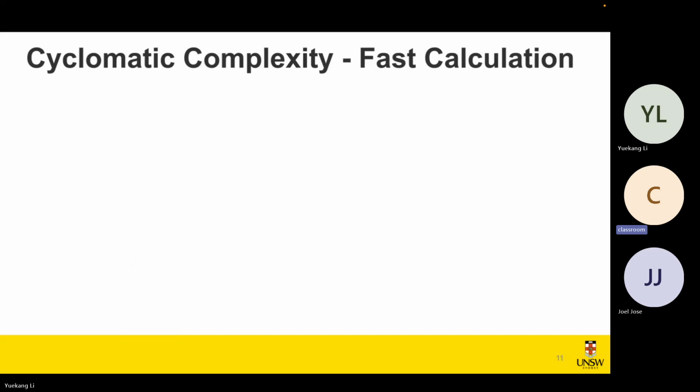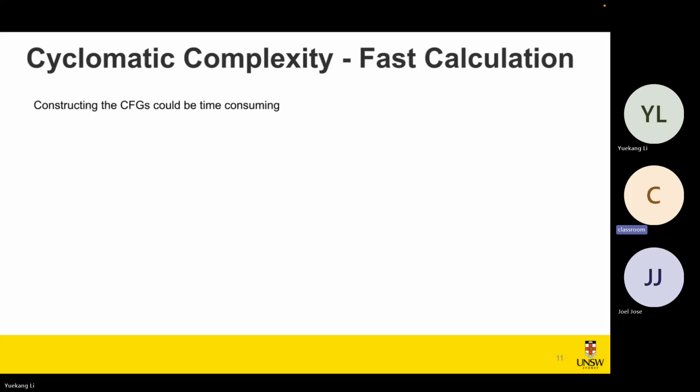So, according to what we have observed, we can have a way of calculating cyclomatic complexity faster than having to draw a control flow graph and count the number of edges and nodes from it. We can skip the step of drawing a control flow graph if we know which factors are affecting the cyclomatic complexity.